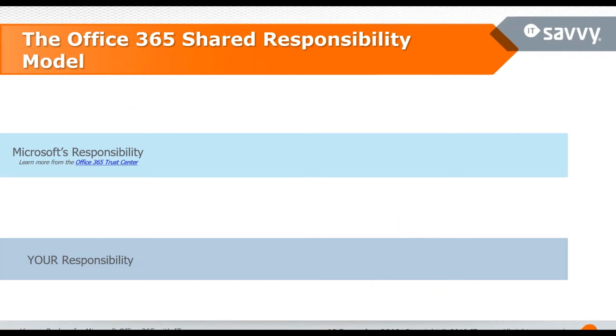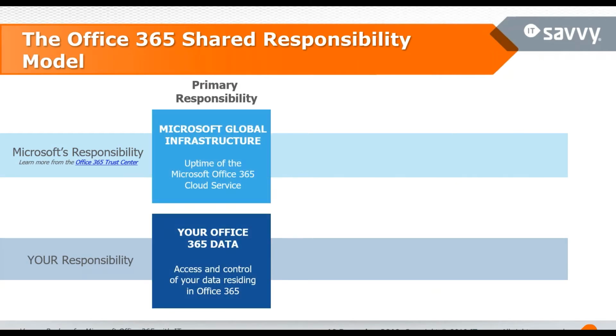So we have what's called the Office 365 shared responsibility model. It's important to understand that there are primary responsibilities that exist when you purchase a service, and there's an outlined set of parameters of what they are expected to provide and what your responsibilities are in utilizing that service.